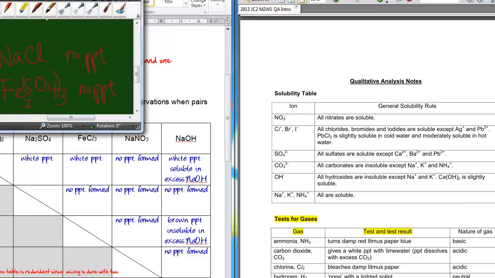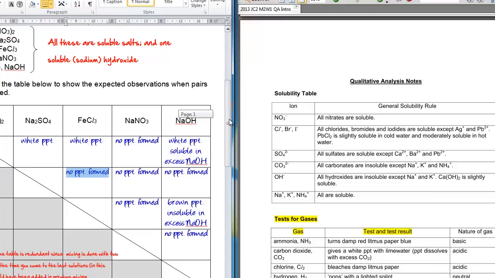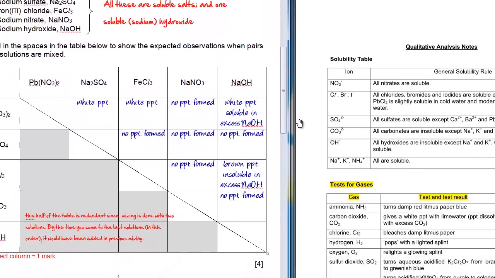In this case, I would write no PPT in this box. If you go through the exercise for the rest of the boxes, you will be able to come up with all the observations here in the boxes. And for each correct column, you'll get 1 mark.